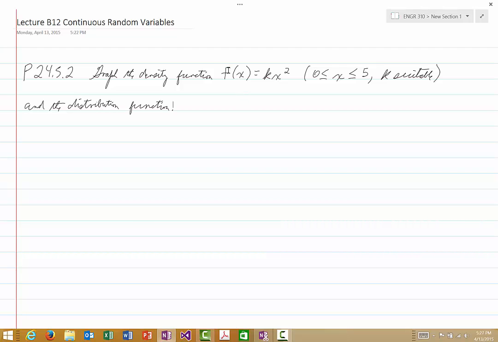Remember that for a discrete random variable x, little f of a is equal to the probability that x is equal to a.